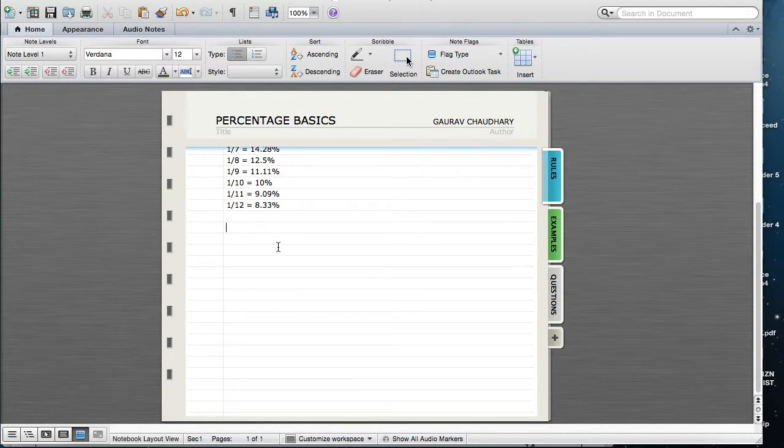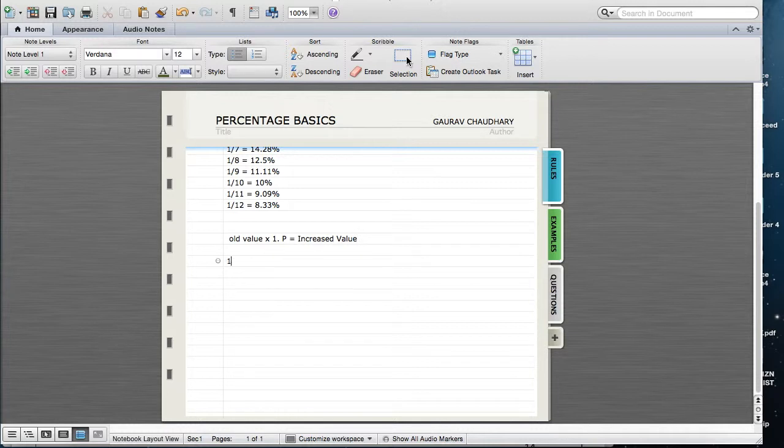Now the second rule is, suppose you have to increase a certain value by some percentage. So our basic rule would be, we'll always multiply the old value by 1 point and the percent and we'll get the increased value. We'll take an example.